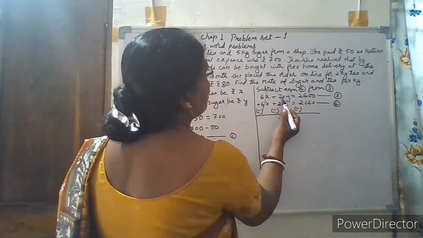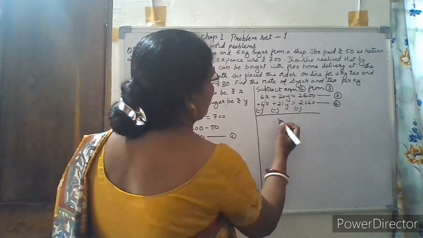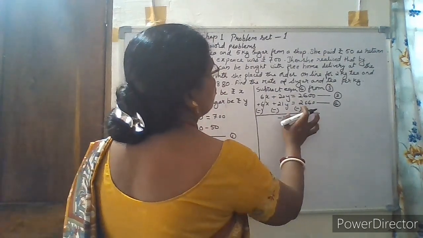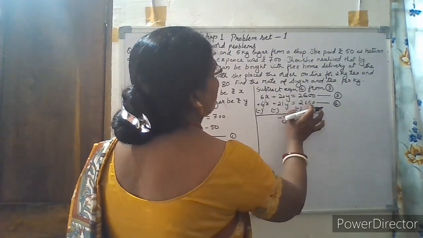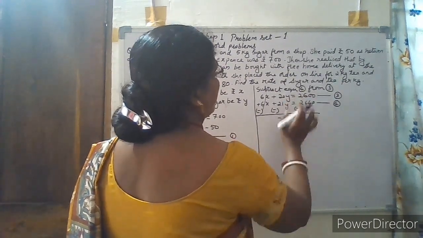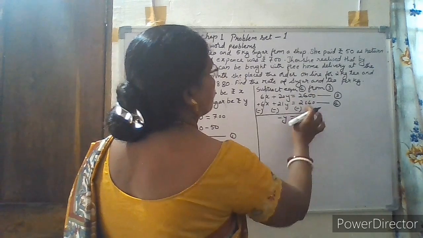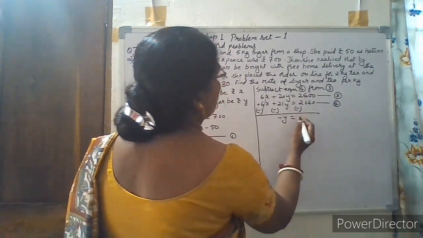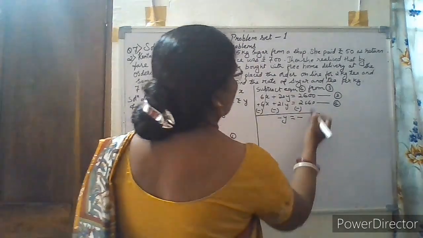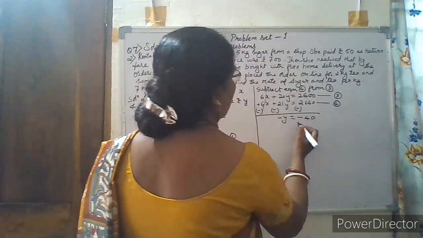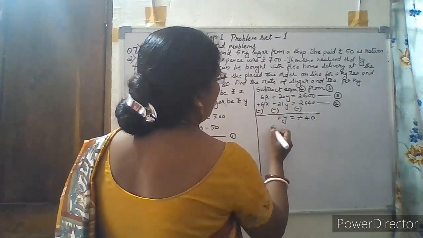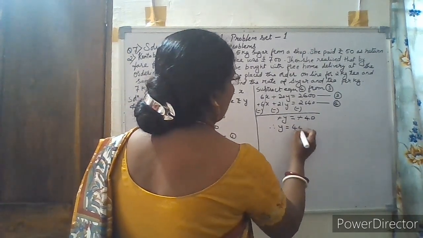Now we'll go with 20 minus 21, that means you get minus y is equal to 2640 minus 2600. This is positive, this is negative, so when we subtract, subtract the numbers and put the sign of the greater number. So therefore we get minus 40. Both sides we have got minus, cancel it. Therefore y is equal to 40.